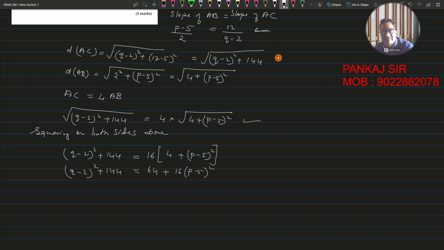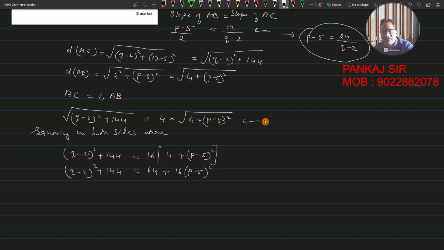From here I can write p minus 5 equal to 24 upon q minus 2, isn't it? From this statement I can write p minus 5 is equal to 24 upon q minus 2.